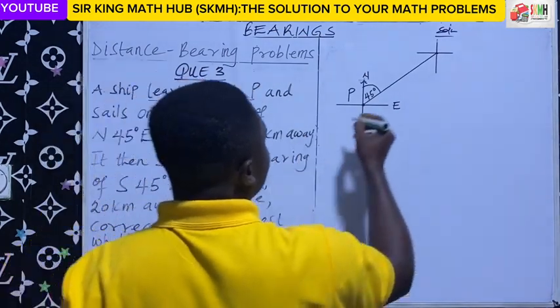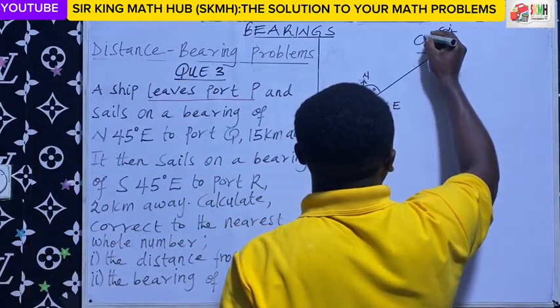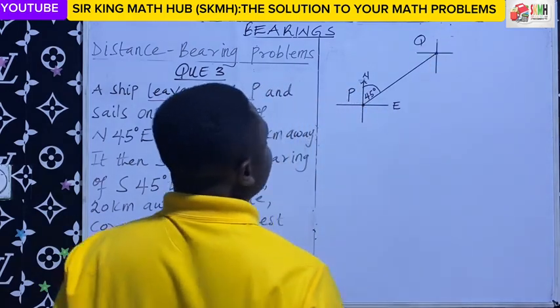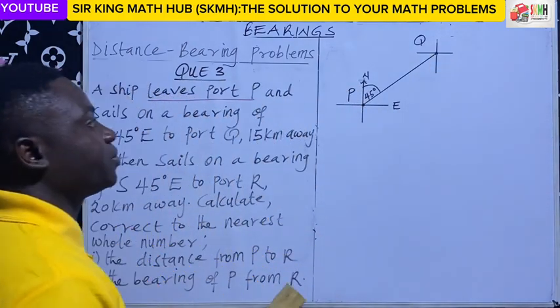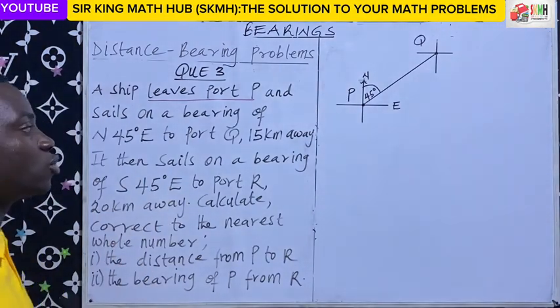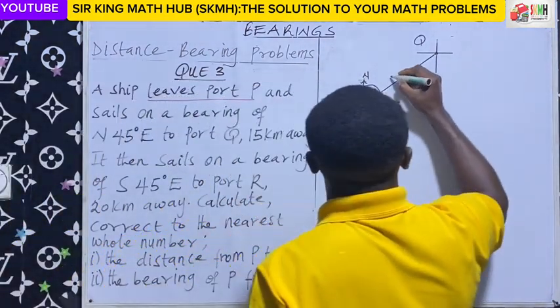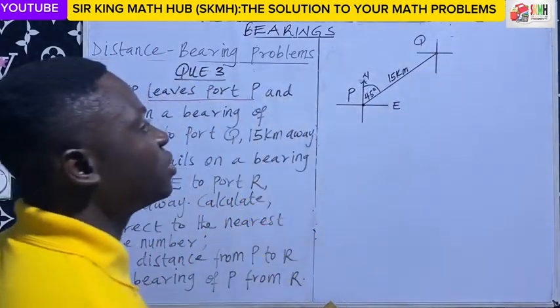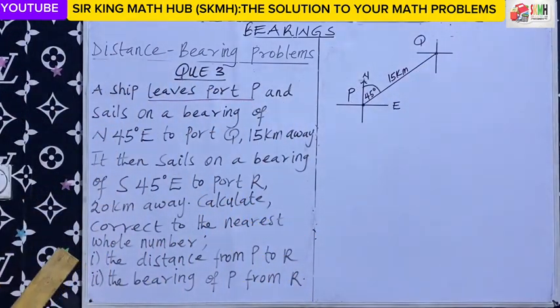So Port Q. Here will be Port Q. So we have our Port Q here. And what is the distance between the two ports? 15 kilometers. So that is the distance between the two ports. So we are done with the first statement.